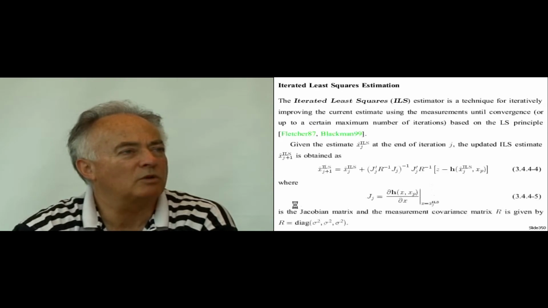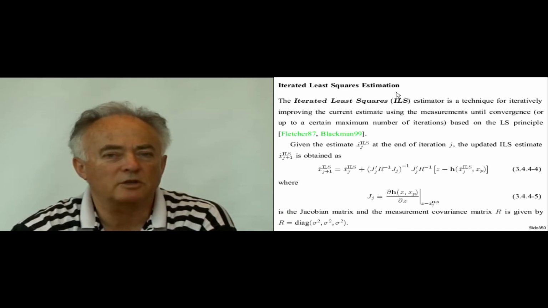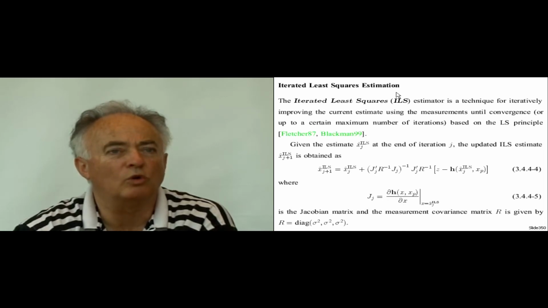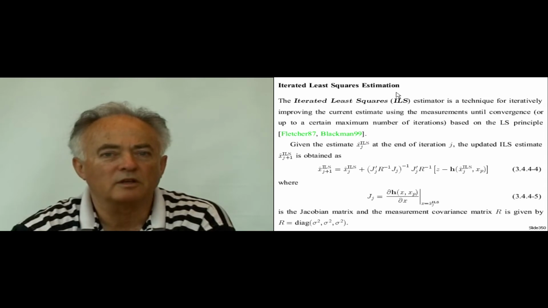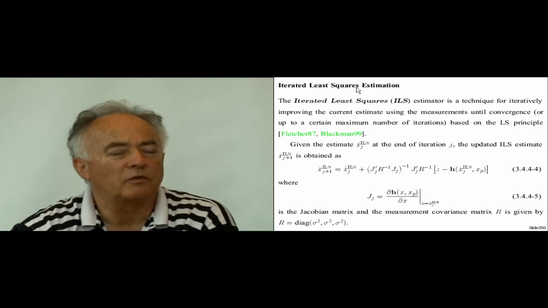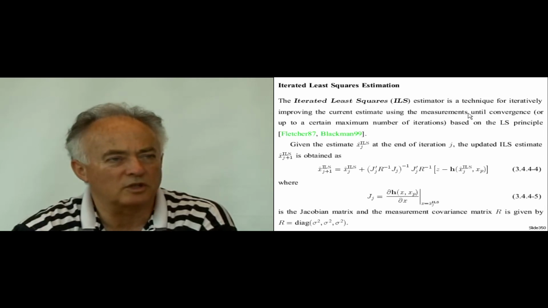Okay, now, how do we solve? This is a nonlinear problem. If it was a linear problem, we can solve it in one shot, a batch solution, or equivalently, we have an algebraic reworking of the solution into a recursion. Now, if you have a nonlinear problem, you cannot solve it in one shot.